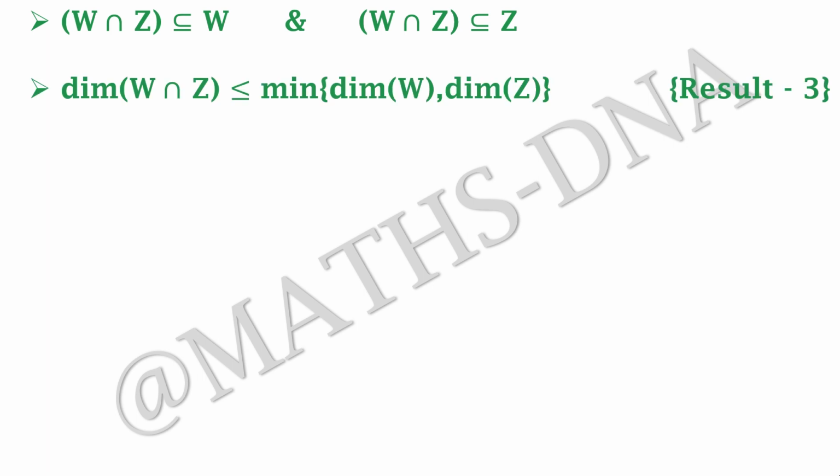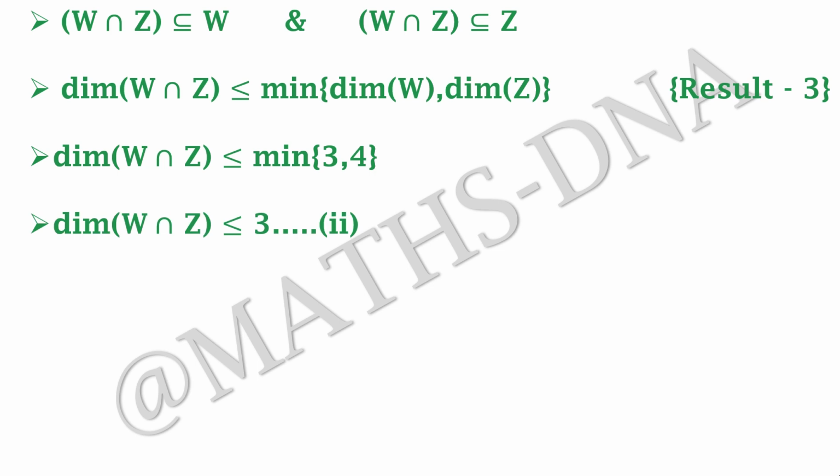Now what is that? We know that W intersection Z is contained in W and W intersection Z is also a subset of Z. So from the third result, dimension of W intersection Z is less than or equal to the minimum of dimension of W, dimension of Z. We know the dimensions of W and Z, so dimension of W intersection Z is less than or equal to minimum of 3, 4, and the minimum value is 3. So dimension of W intersection Z is less than or equal to 3.